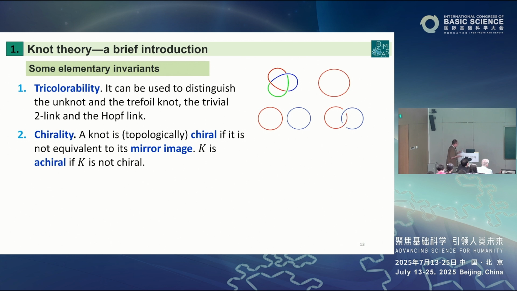Another invariant is chirality. A knot K is chiral if it is not equivalent to its mirror image. K is achiral if K is not chiral. The trefoil knot is chiral.